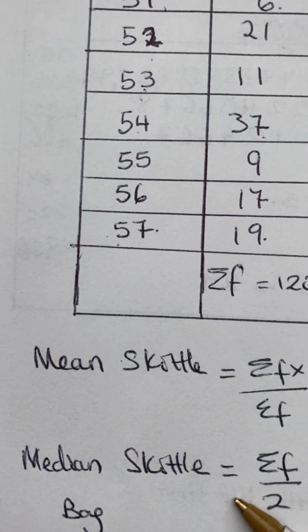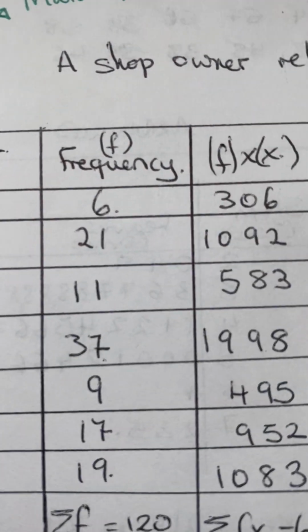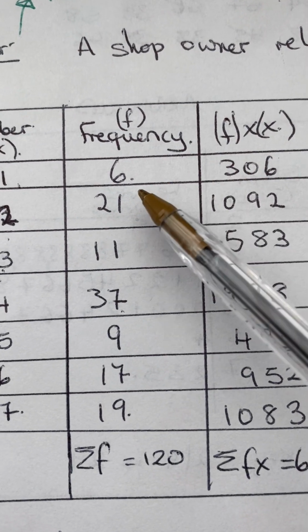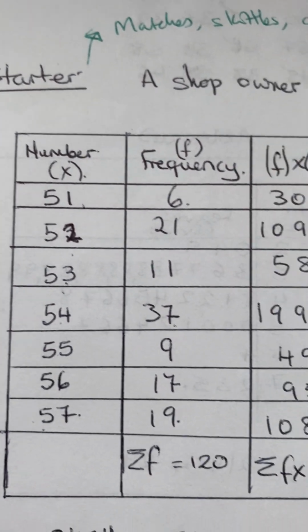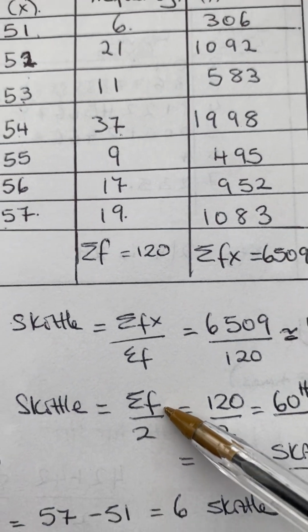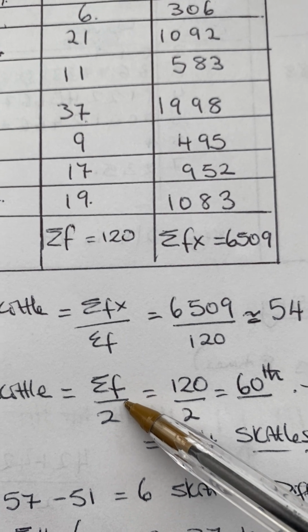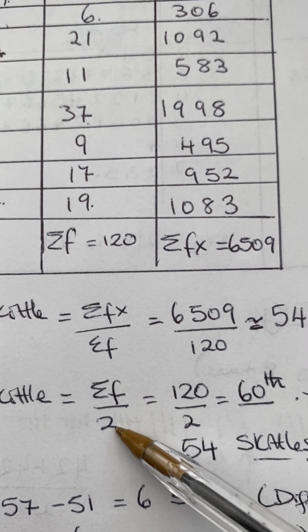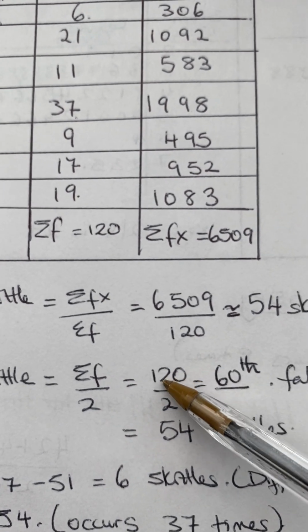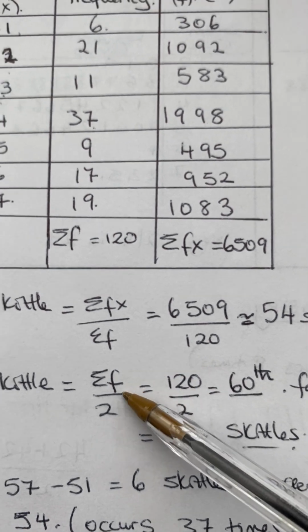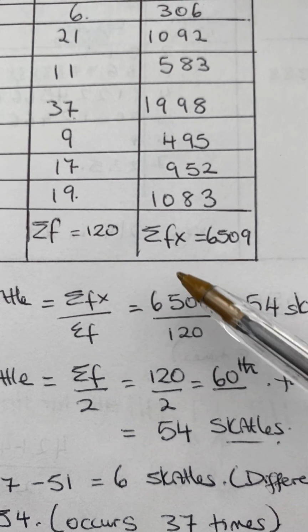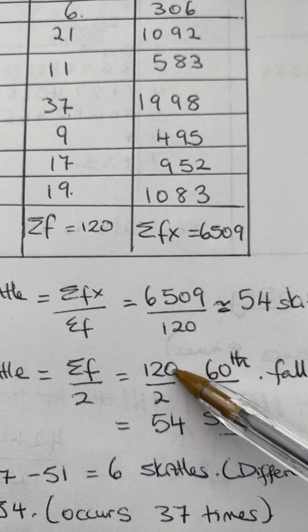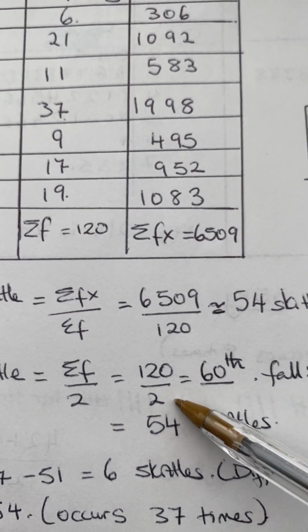Now, the median skittle. So if you look at the frequency, you realize that your median skittle is summation f divided by 2. So you divide 120 divided by 2, sorry. So your total summation is 120 divided by 2.